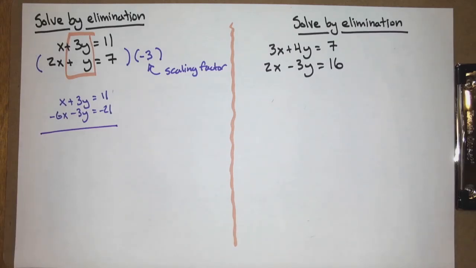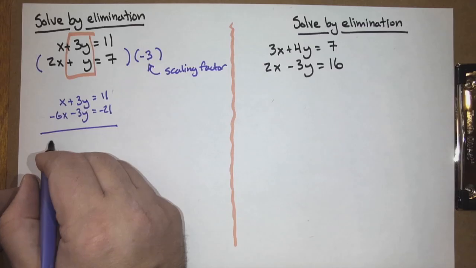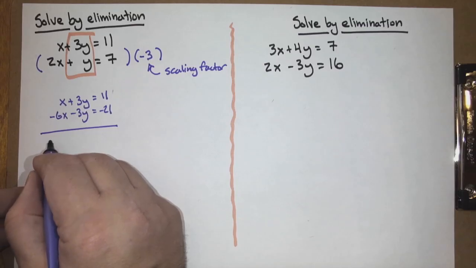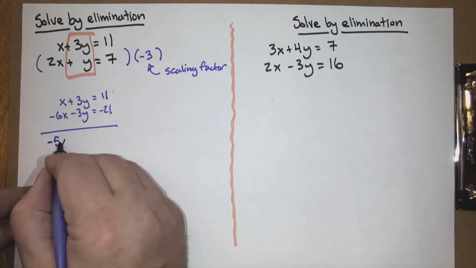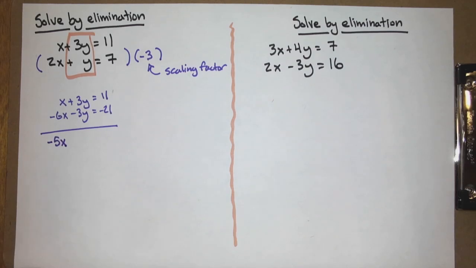When we add the x's, what do we get? x minus 6x, also known as minus 5x. When we add the second part, the y's, 3y and negative 3y, what happens? 0.